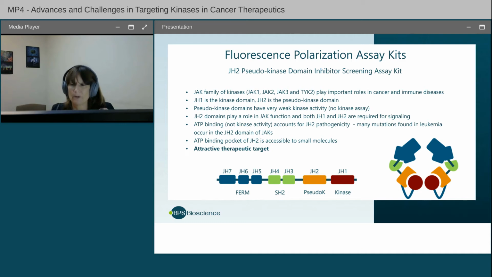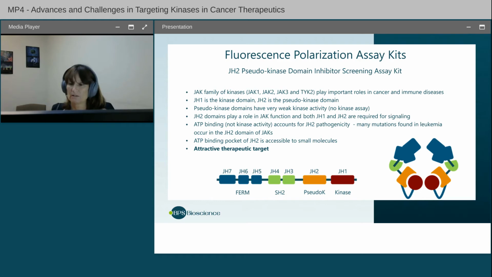JH1 is the kinase domain, and JH2 is the pseudokinase domain. At the bottom, you see an illustration of the linear structure of the protein with the different domains, and a little illustration of a proposed conformation and how these domains interact with each other.